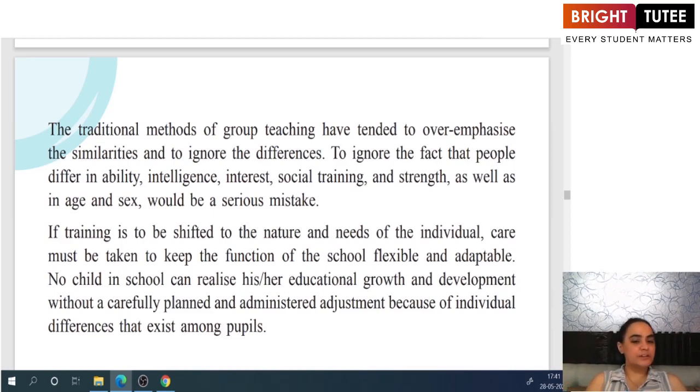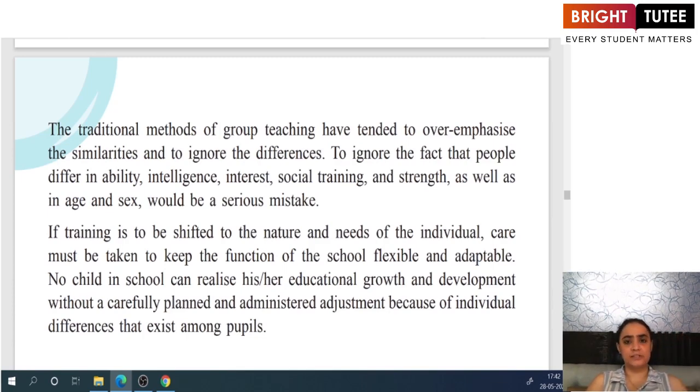The people's difference in ability was ignored, their intelligence level, their interest level, their training, their strength, everything was ignored, and a very mechanical, common mode of education was imparted, which was incorrect. Now, the training has to be shifted to a mode where the nature and the different needs of the individuals are respected and taken care of.